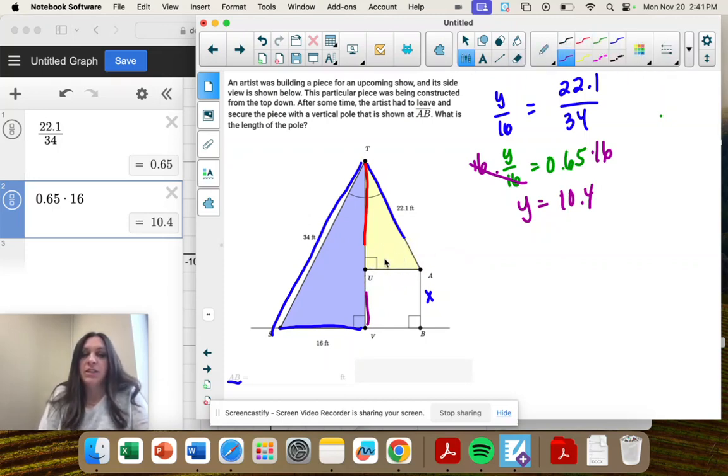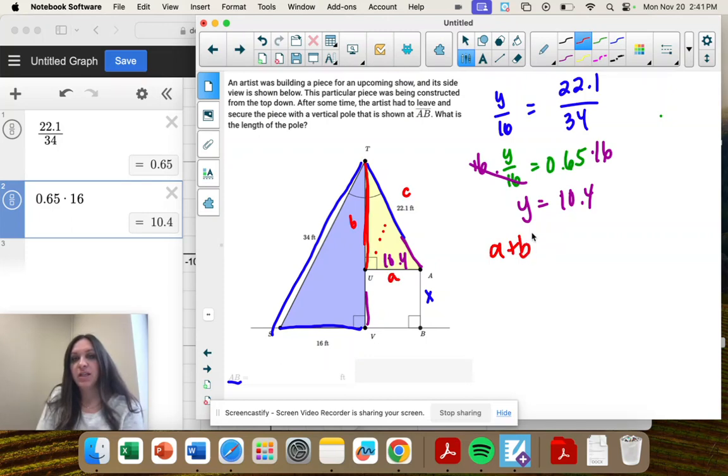All right, so the reason I found that is because now we need to find these two lengths, and we can do that using the Pythagorean theorem. So I'm going to start with the small triangle. This is C, and then A and B doesn't matter. But remember, Pythagorean theorem is A squared plus B squared equals C squared.